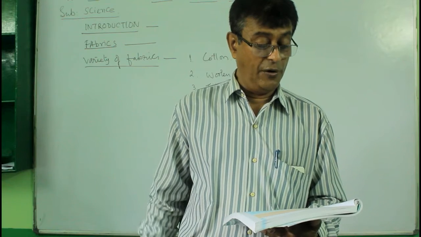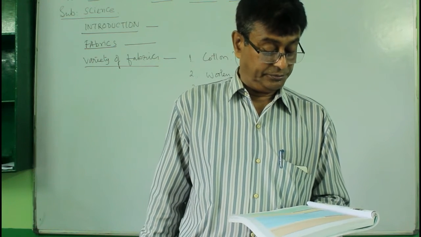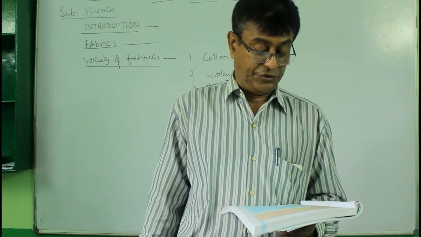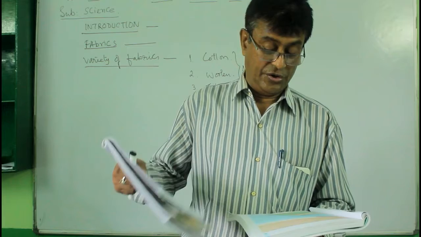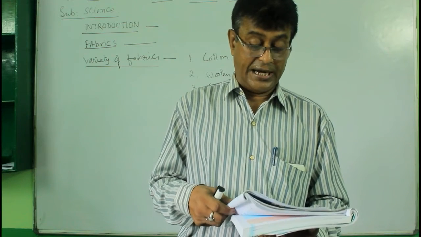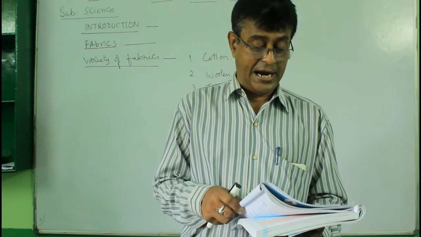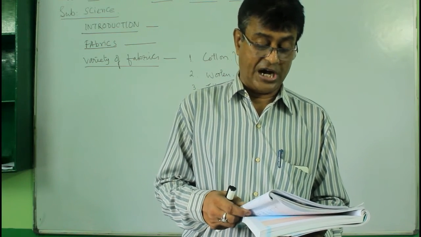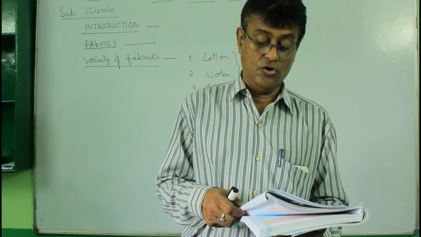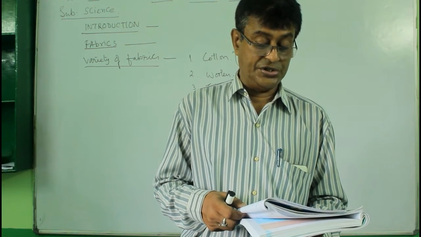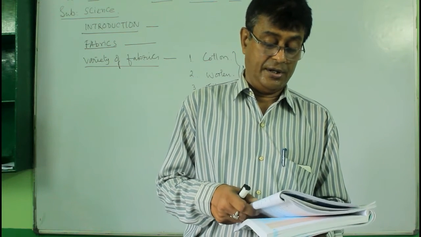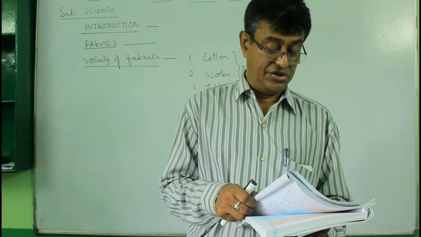Question number 24. Name 3 devices for making yarn to fiber. So these 3 devices are hand spindle, which is called takli, and number 2 spinning wheel, which is known as charkha, and 3 spinning machines.